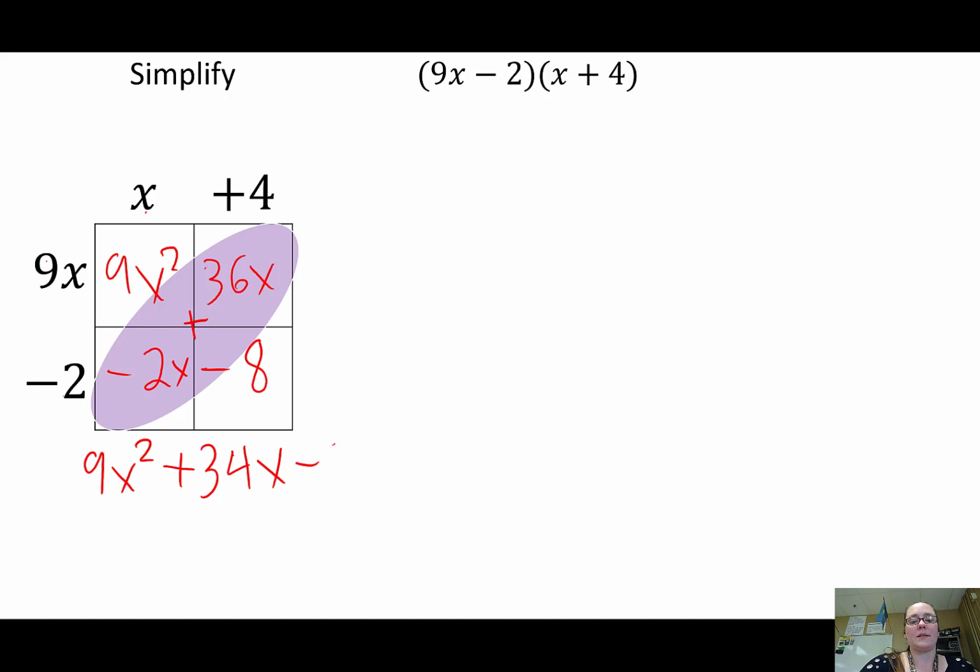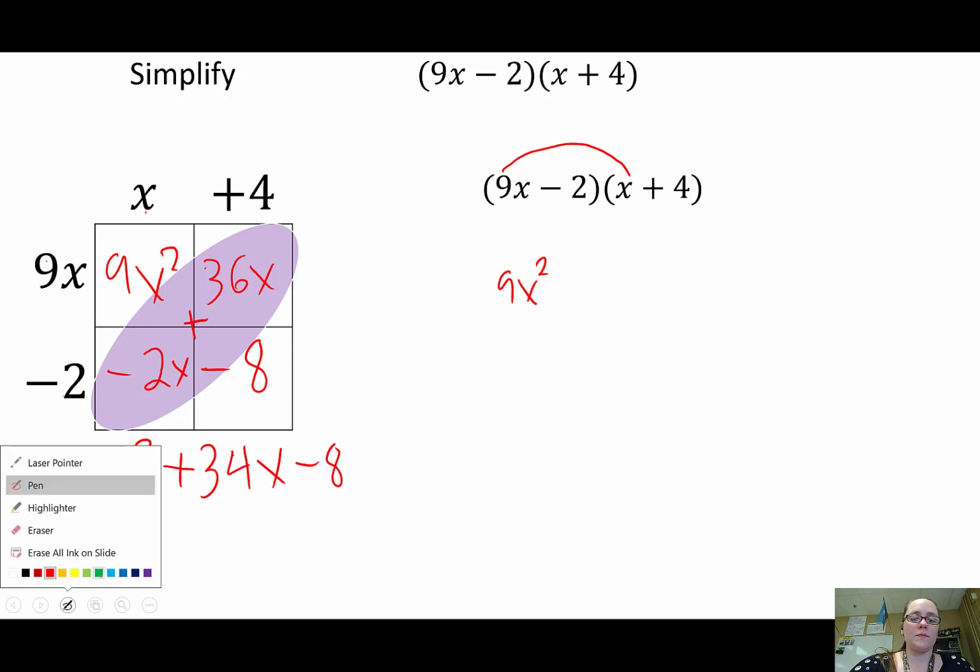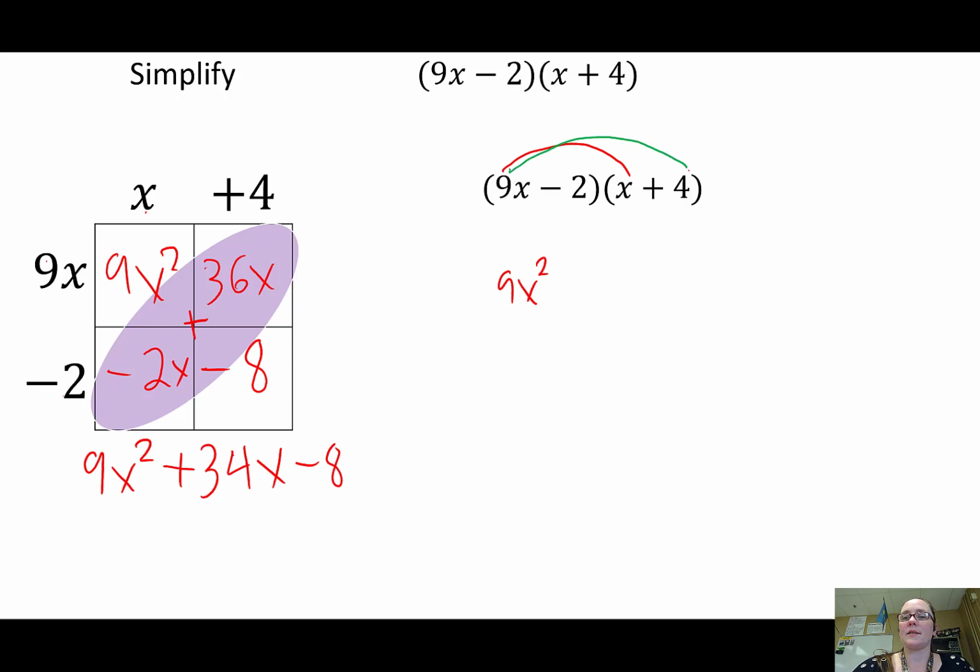So I end up with 9x squared plus, well, 36 minus 2 gives me 34x and then minus 8. Now looking at the double distributive, okay, I'm going to take 9x times x, which gives me 9x squared. Then we're going to do 9x times 4, which is 36x. Then negative 2 times x, which gives me negative 2x.